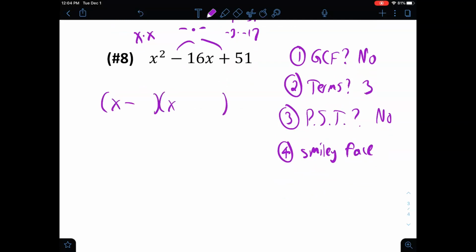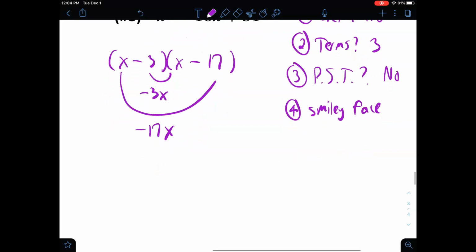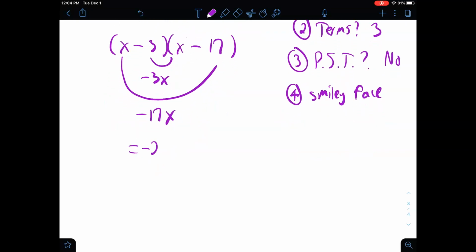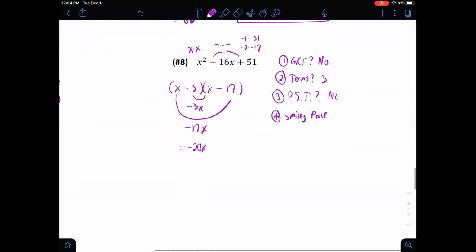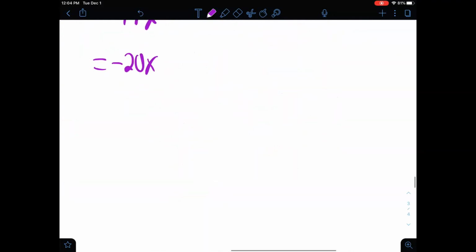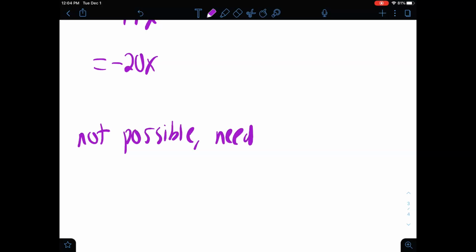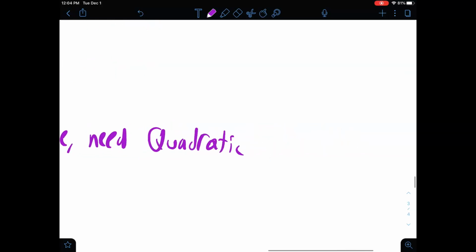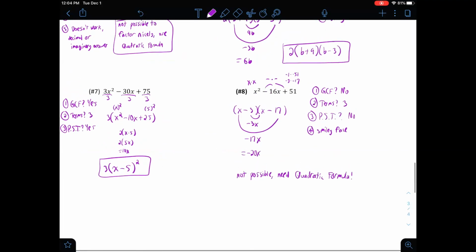So if we do x minus 3 minus 17, that's going to give us negative 3x and negative 17x, which is going to equal negative 20x. So that's not going to add up to the middle term. This one's also not able to factor. Not possible. Need quadratic formula.